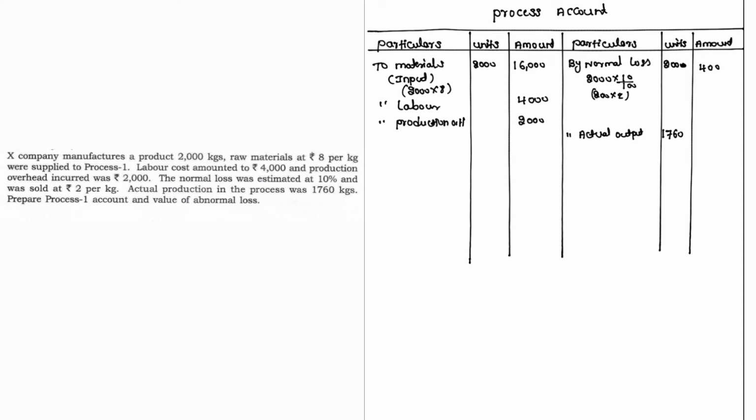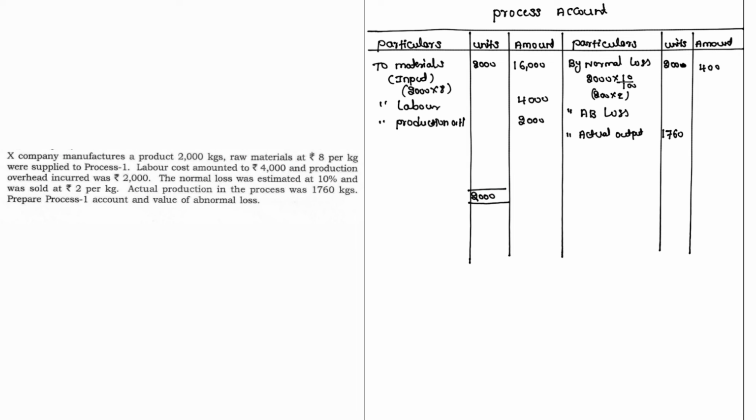So by abnormal loss, first we have to identify units. So take the total of units. Total 2000.